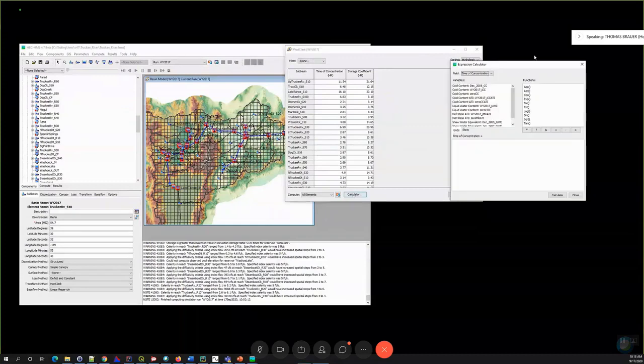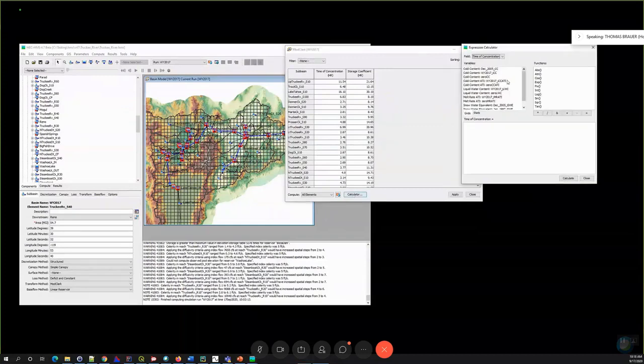And then I have this calculator. What I can do is calculate a time of concentration for all subbasins. One thing that's not in this version that will be soon is I can do calculations based on grids that are in my model, so I can sample those grids.